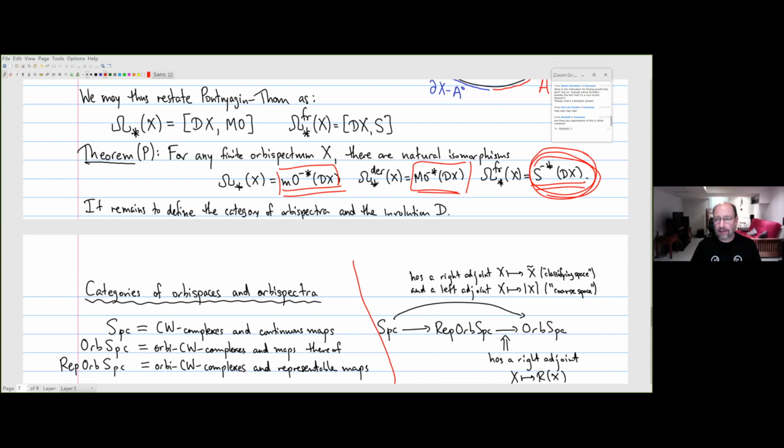So is it correct to say that using this sort of stable or global homotopy theory and this orbispace context eliminates some of the transversality or regularity issues that we generally encounter?